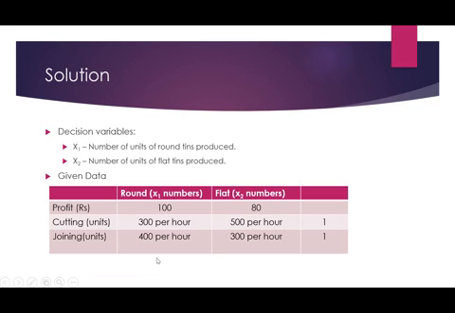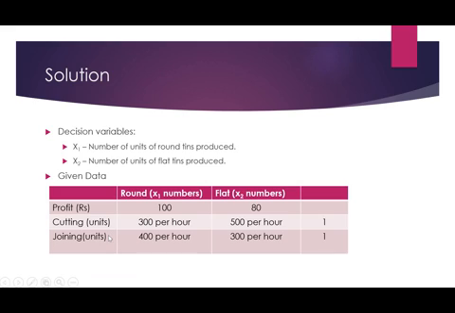Here we have not been given the time constraint, but they have specified per hour manufacturing abilities. So we need to assume that the total duration given to us is 1 hour. So with respect to cutting, for round, we are able to manufacture 300 tins per hour. Cutting of flat tins, 500 tins per hour.